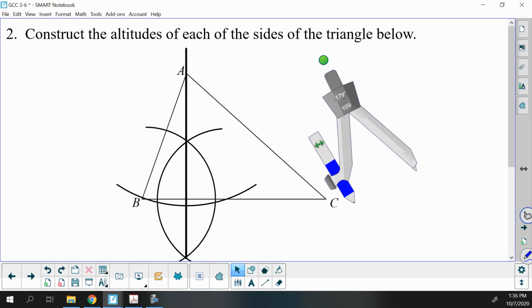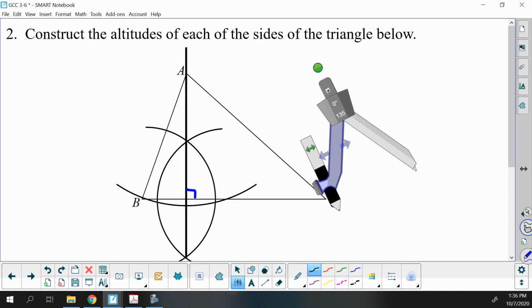And it should automatically go through our vertex. So what this just created, it created a right angle right there with CB. Okay, so that was one altitude. We've got to do two more.